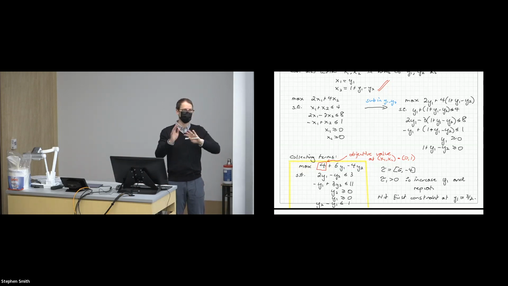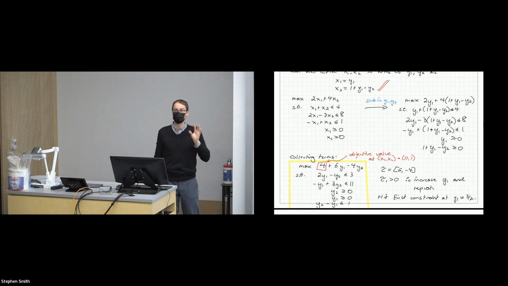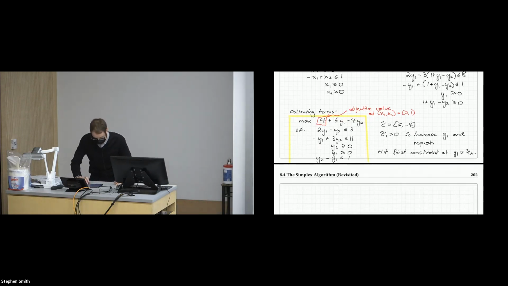And making these algorithms robust is quite challenging. So there's a lot of engineering that goes into making a good linear programming solver, which we're not going to go into, but this gives you the basic idea of how it operates.